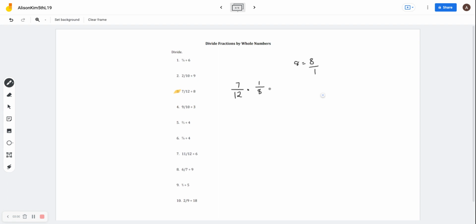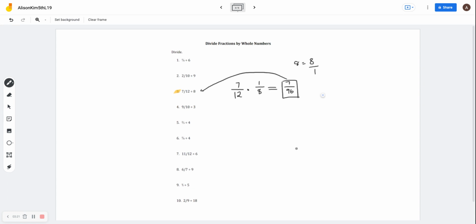So from here, we're going to just multiply across. 7 times 1 is 7, and 12 times 8 is 96. And 7 over 96 can't be simplified any further, so that'll be your final answer for number 3.